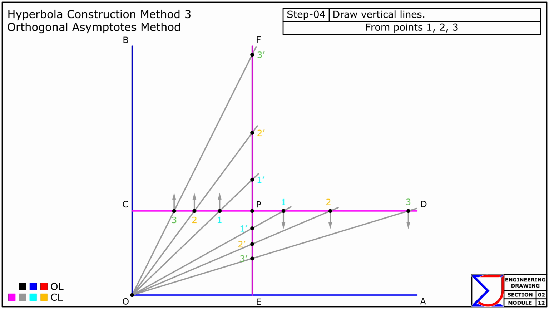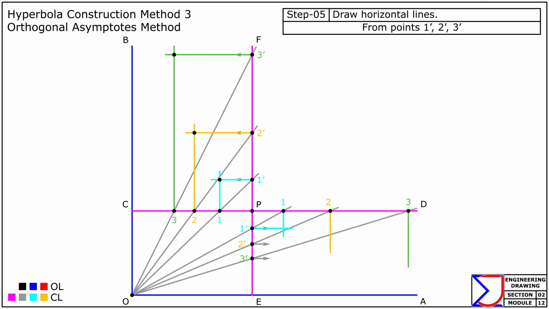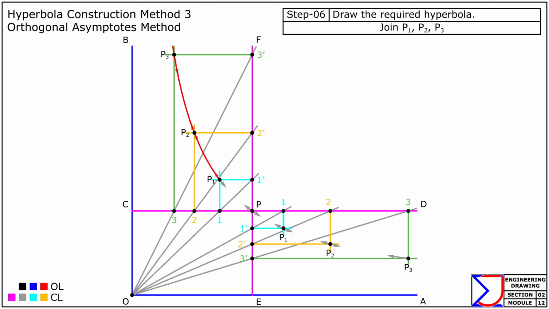After that, from each point on CD, draw vertical lines. Then, from each point on EF, draw horizontal lines to meet the previous lines. Finally, connect all the intersection points with a smooth, continuous curve to complete the required hyperbola.